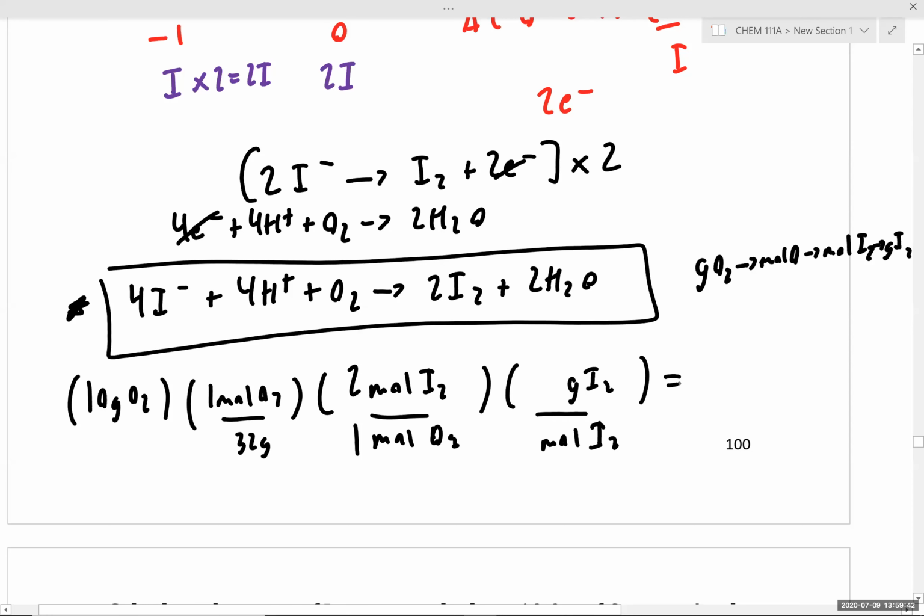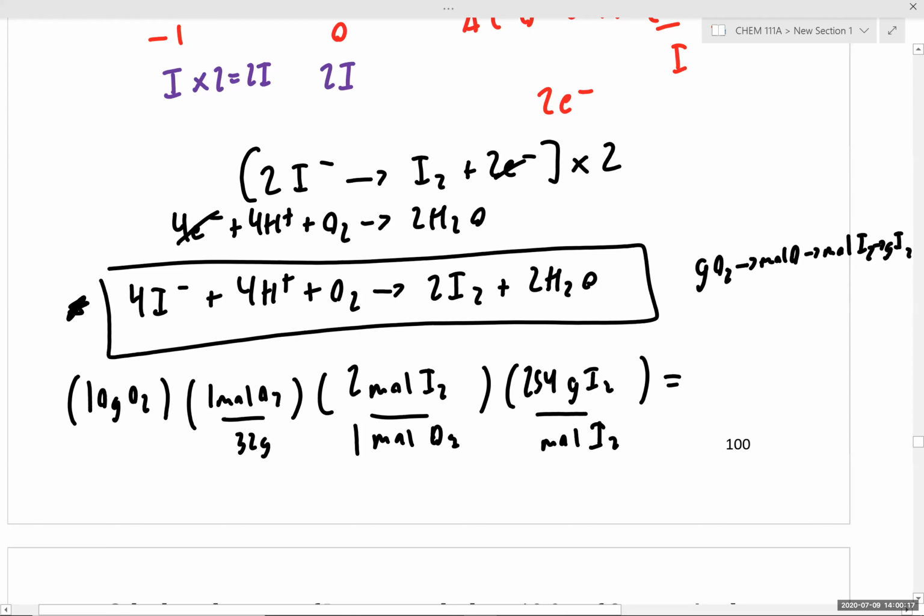What is the molar mass of iodine? 254, yep.